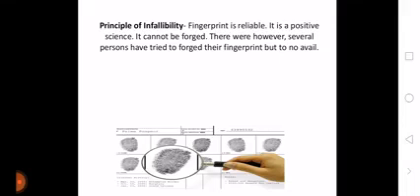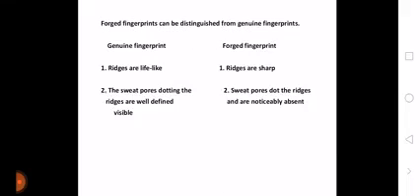And the principle of infallibility. Fingerprint is reliable. It is a positive science. It cannot be forged. There were, however, several persons who have tried to forge their fingerprints, but to no avail. Forged fingerprints can be distinguished from genuine fingerprints.